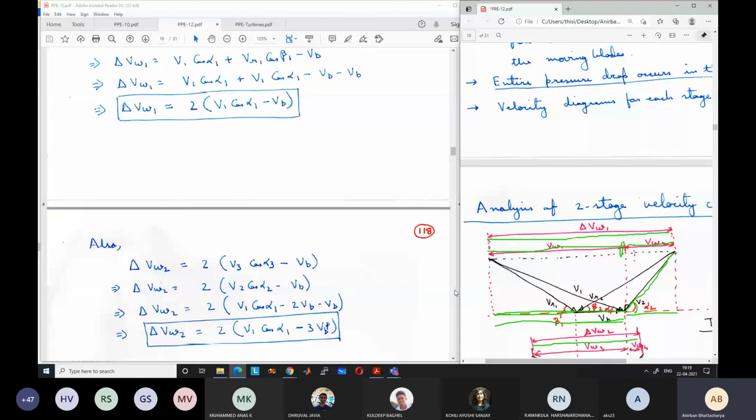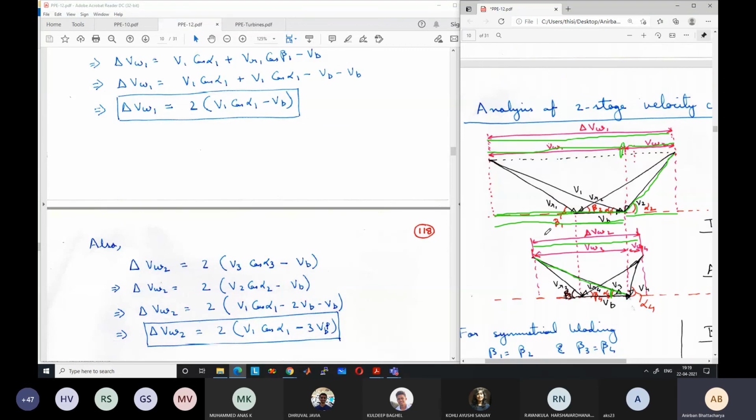So V2 cos alpha 2 can be written as, again doing the same stage, VR2 cos beta 2 minus VB, which is VR1 cos beta 1 minus VB, which is V1 cos alpha 1 minus 2 VB. So V2 cos alpha 2 is equal to V1 cos alpha 1 minus 2 VB. So we can replace that here.